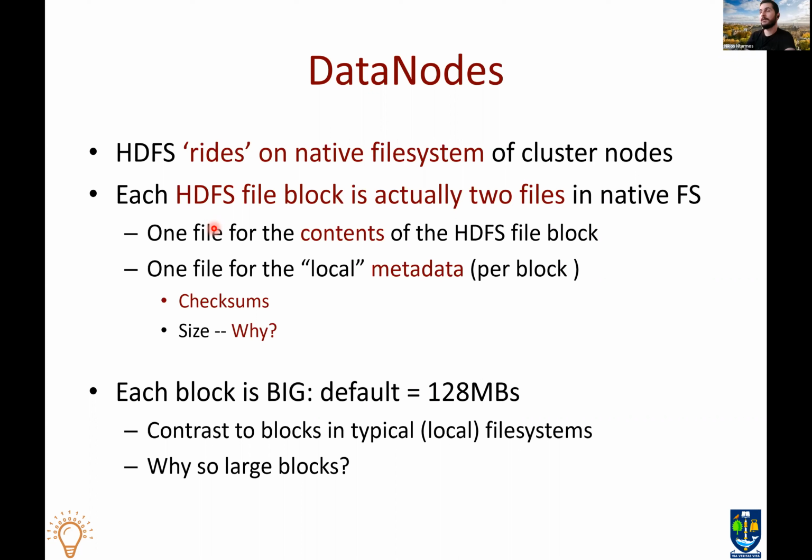So if every single file you had on your computer took up 128 megabytes minimum, that would be a disaster, right? You would run out of space very, very quickly. So you don't want that on a typical desktop or laptop computer. Most of the files there are very small, and only a few files are very large.